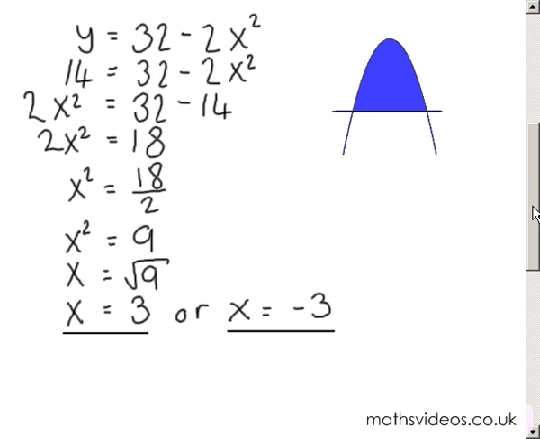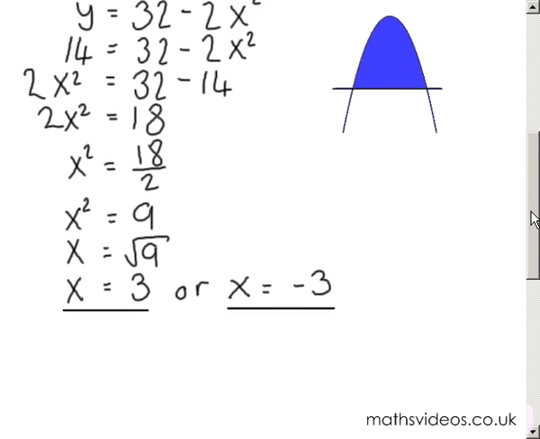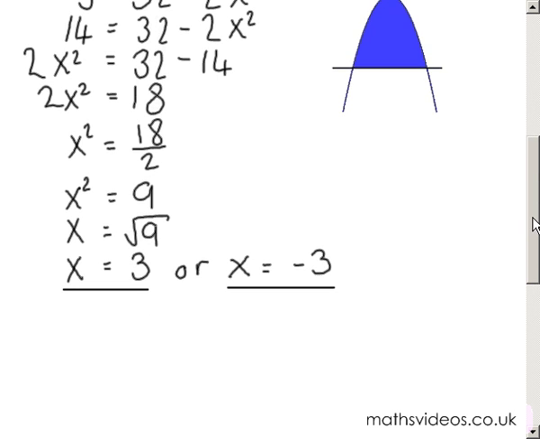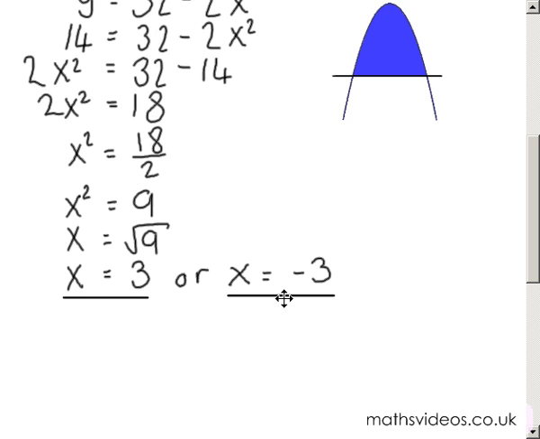In order to find this blue area, we have to integrate between our two integration limits, which are 3 and minus 3. So we'll set out our integration. We're integrating between 3 and minus 3.